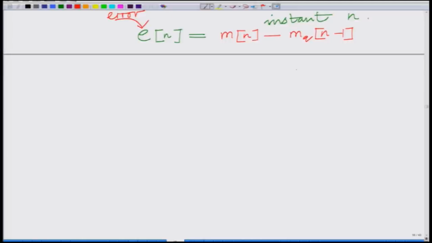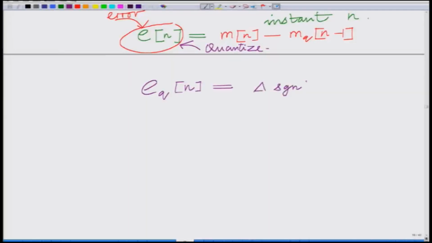Now, we are going to quantize E[n] and we are going to do that with 1 bit. So, what we are going to have is EQ[n], that is the quantized error, equals delta times sign of E[n].